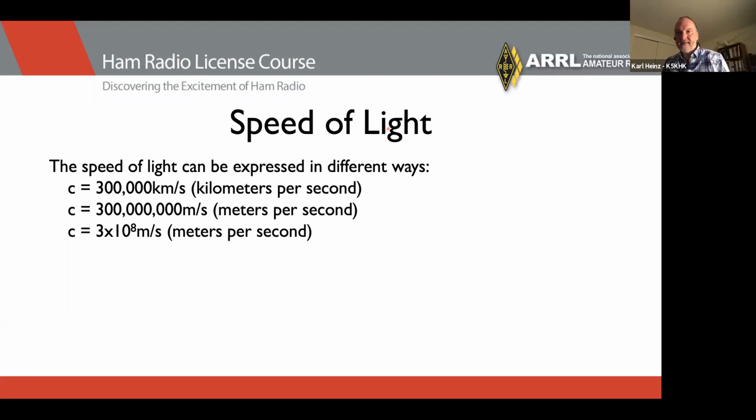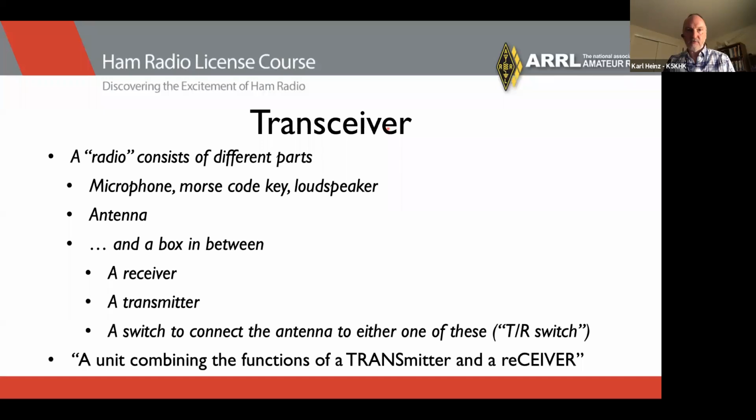And I think the test is asking for 300 million meters per second. We'll see what the exact test question is in a little bit, if we get to them. So that is a number that you need to remember.